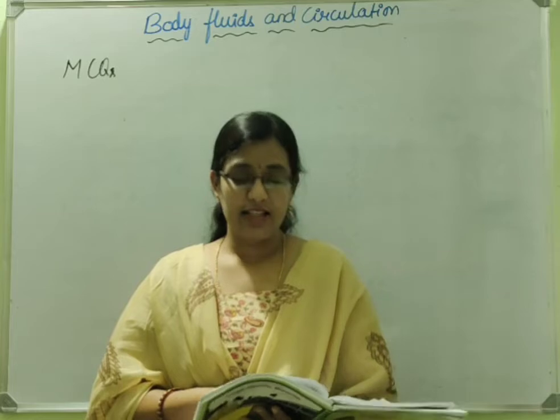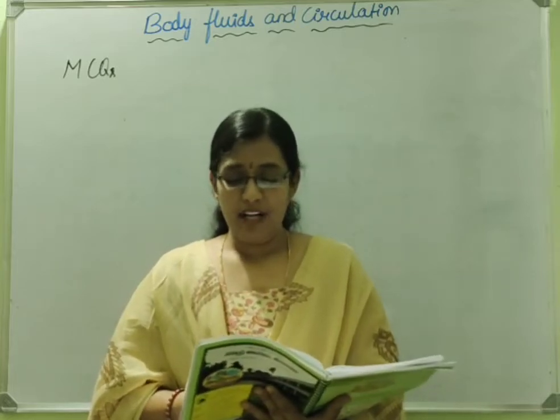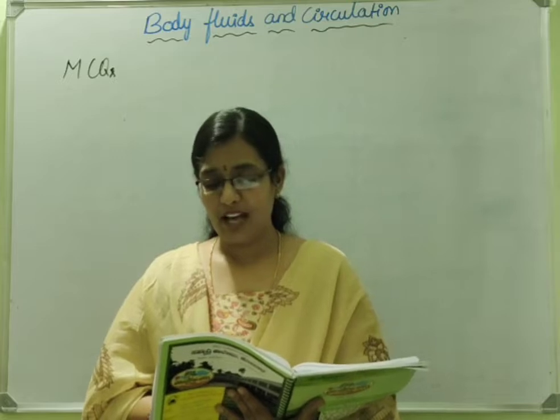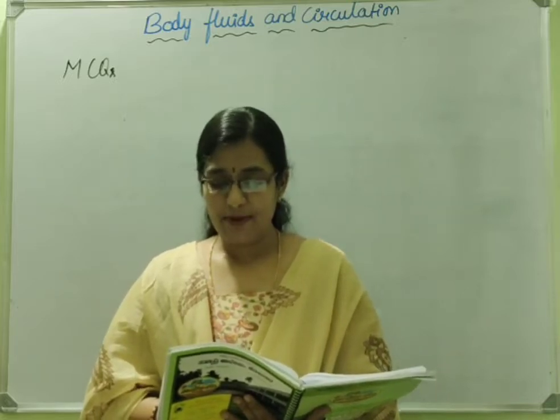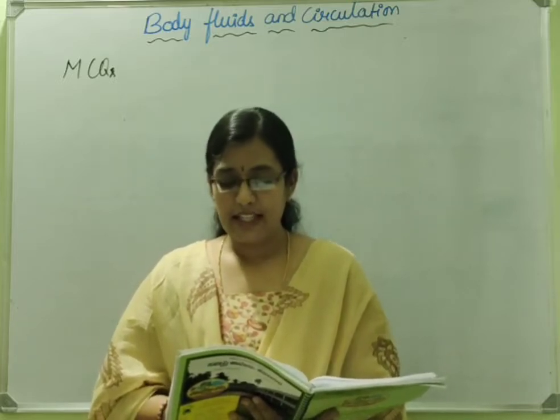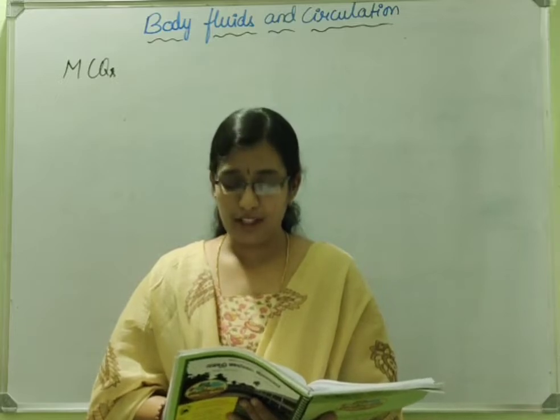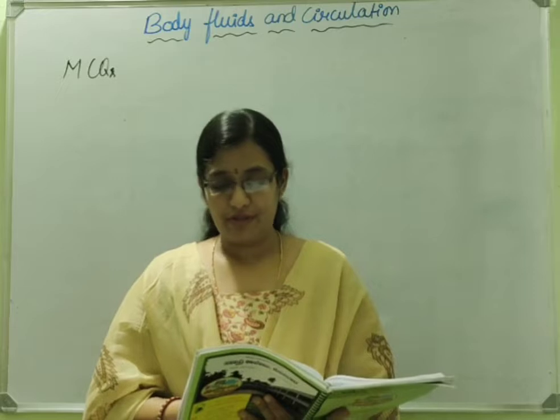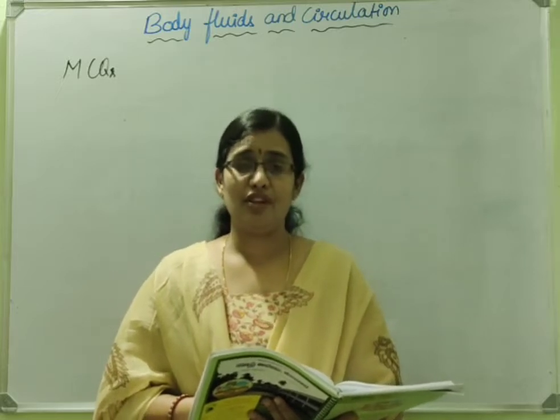So option D. Important function of lymph is: option A, transport carbon dioxide to lungs; B, transport oxygen to brain; C, return interstitial fluid to blood; D, return RBCs to lymph nodes. So what is the important function of lymph?